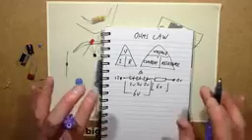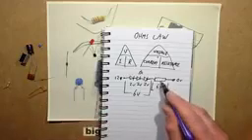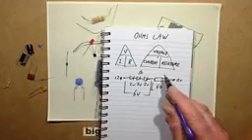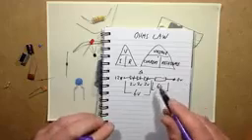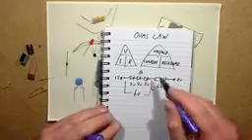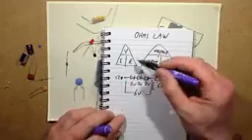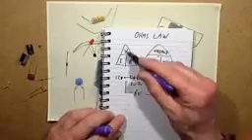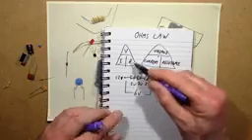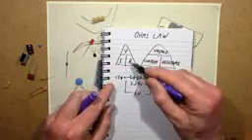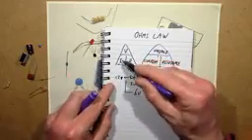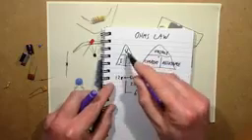So to work out the choice of the resistor value in ohms, R equals V over I. Oh, sorry, I should mention here, V equals IR, but the reason I've drawn a triangle is that if you want to reverse that formula, resistance equals voltage divided by current, and current equals voltage divided by resistance.